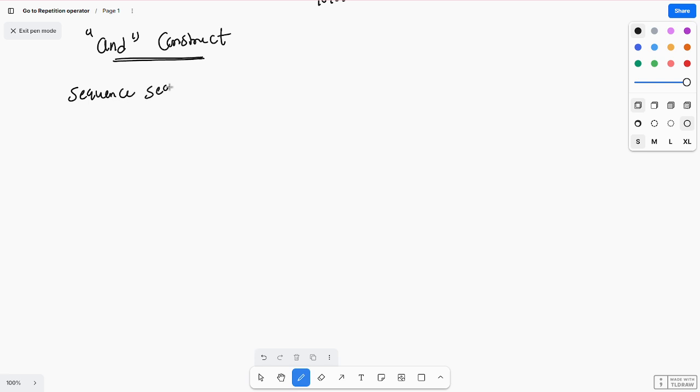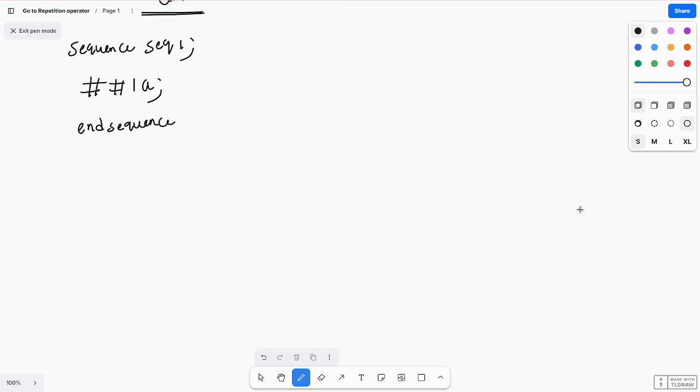Sequence first, my sequence 1, a, end sequence. You can check these assertions in Xilinx Vivado also. You take any program and you can run it in Xilinx Vivado or EDA Playground also. It will run, you can check this.